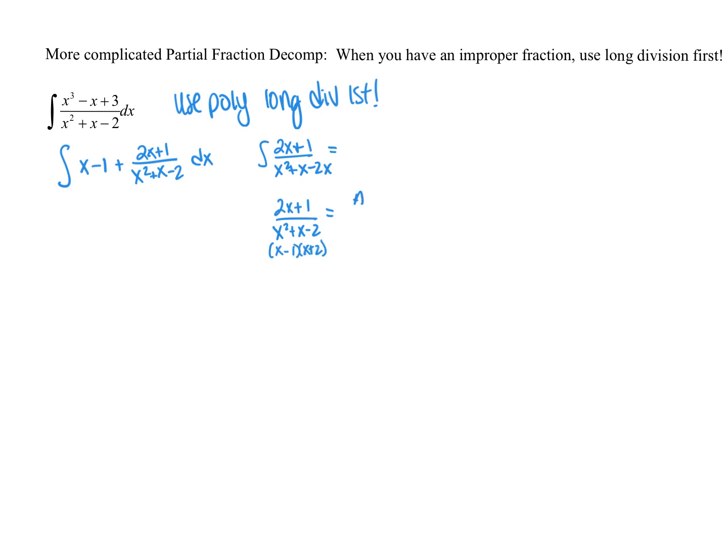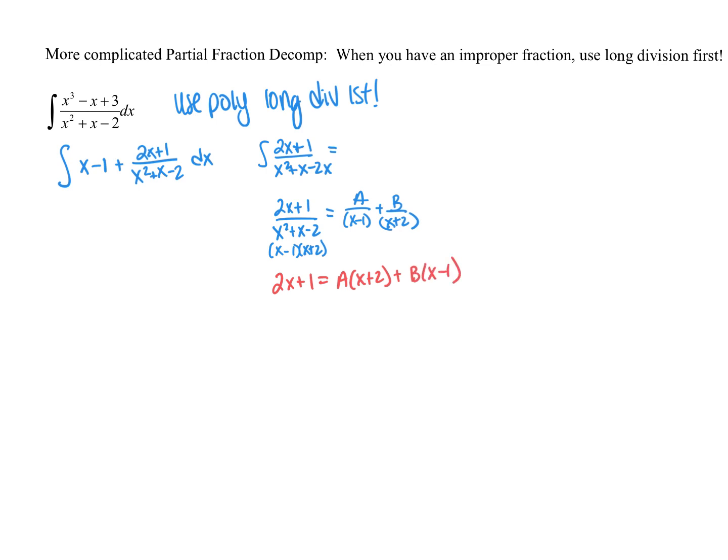So you'll have A over x minus 1 plus B over x plus 2. When you multiply, you'll end up with 2x plus 1 is equal to A times x plus 2 and B times x minus 1.